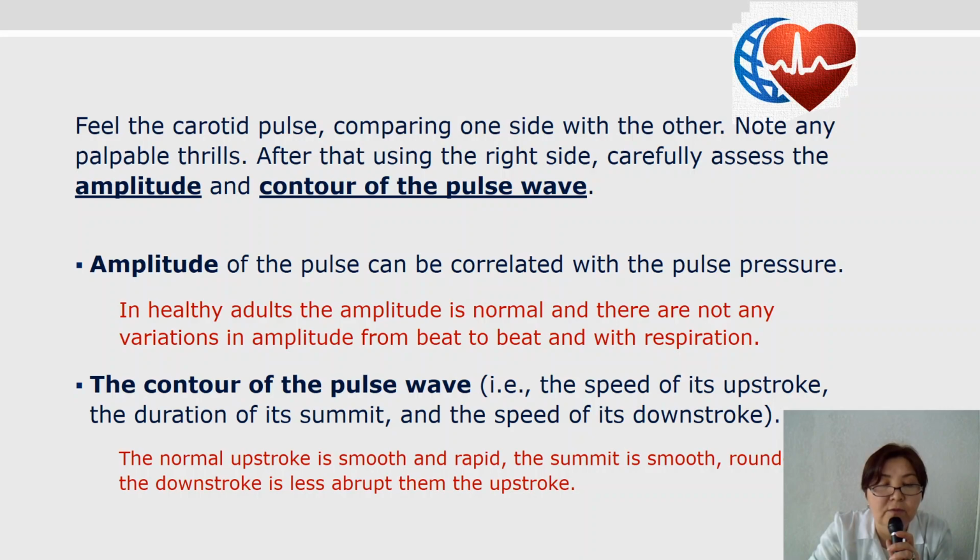The contour of the pulse wave, for example, the speed of its upstroke, the duration of its summit, and the speed of its downstroke. The normal upstroke is smooth and rapid. The summit is smooth, rounded, and the downstroke is less abrupt than the upstroke.